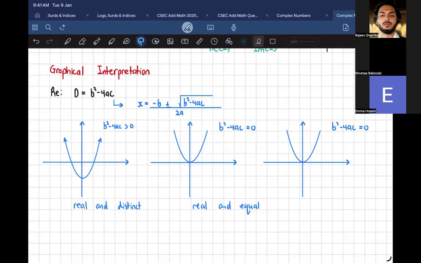Something like that? Not quite. If you are plotting it on the y and x axes, this is what's going to happen. So you understand that if the discriminant is more than 0 or is 0, you're going to get real solutions, right? So in other words, it's going to cut the x-axis.